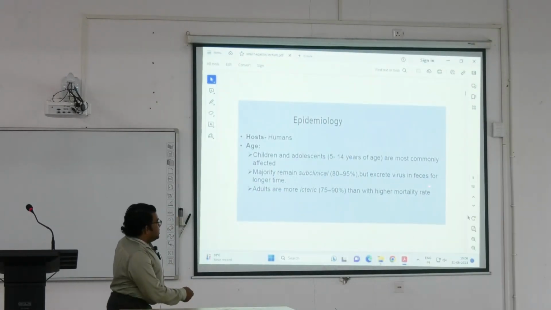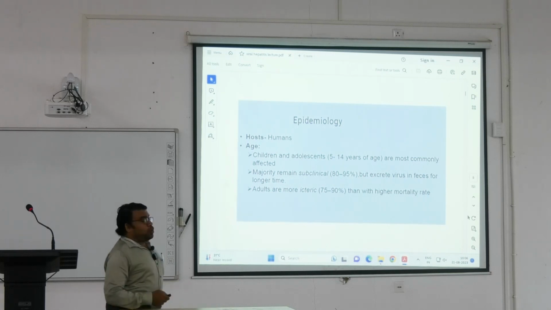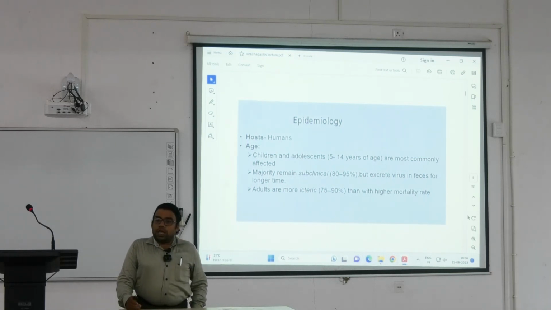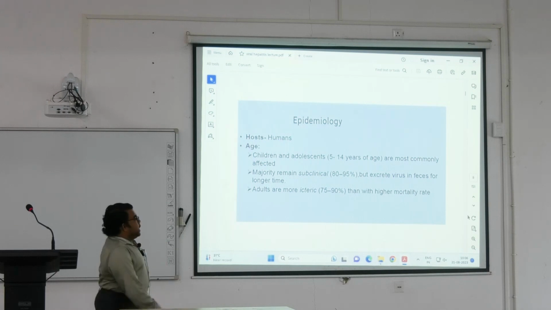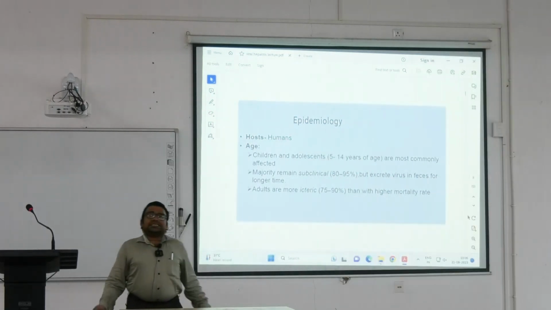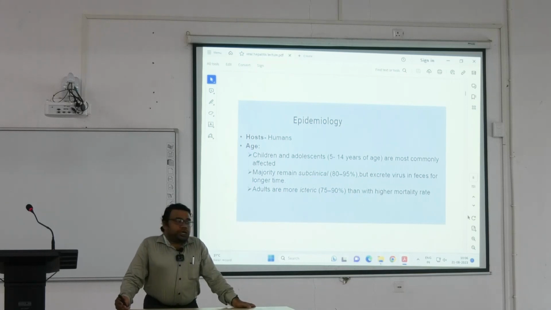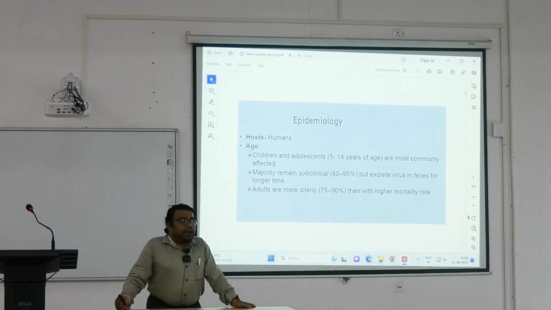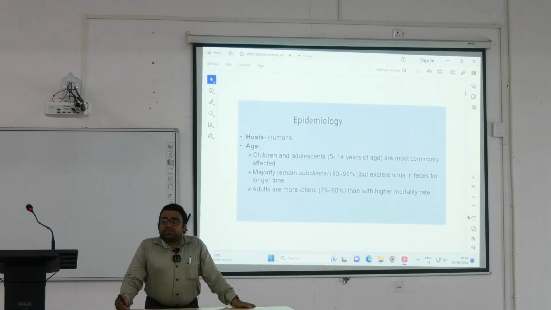Yet, the virus is secreted in the feces for a prolonged period of time. What is more interesting is that in adults, clinical manifestation, that is icterus, meaning clinical jaundice, is more common as compared to children and adolescents. That means children and adolescents are the predominant spreaders.